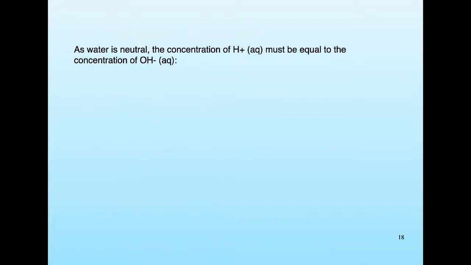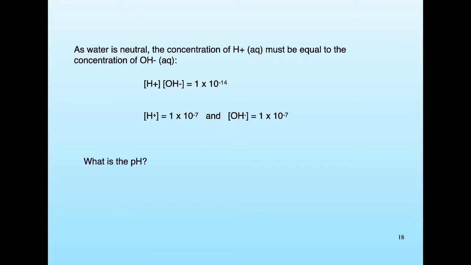So we know that water is neutral, so the concentration of the hydrogen ions and the hydroxide ions must be the same. If that's the case, then if their product is 1 times 10 to the minus 14, then each of them must have a concentration of 1 times 10 to the minus 7. Okay, so what's the pH? Well, you could work this out.